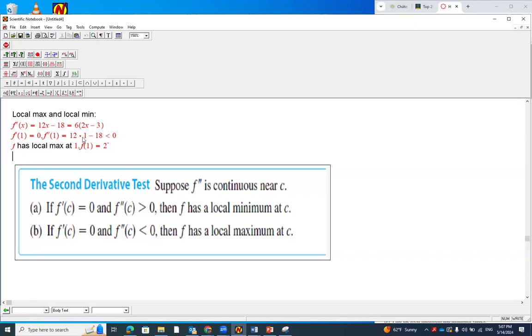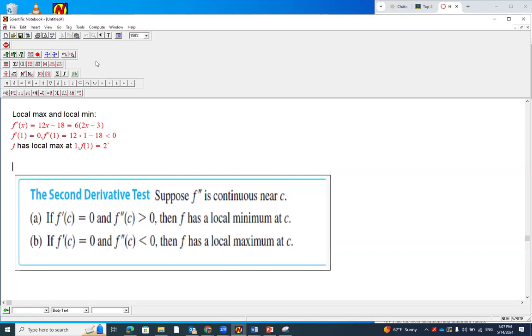Now, that's for the first critical number. Second critical number, you're going to do the same thing, right? So f prime of 2 is 0, and f double prime at 2 is equal to 12. I'm just going to plug in. So 12 times 2 minus 18, this is positive.